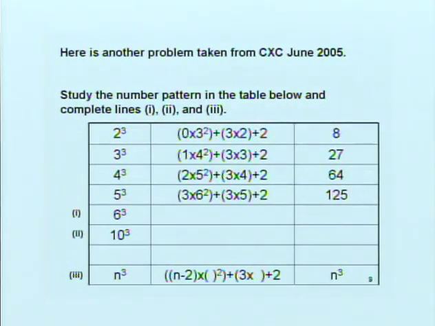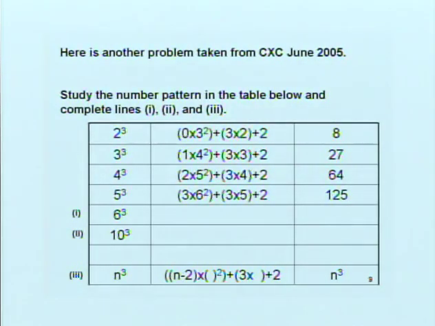Here's another problem taken from CXC June 2005. Study the number pattern in the table below and complete lines 1, 2, and 3 as marked by those Roman numerals.